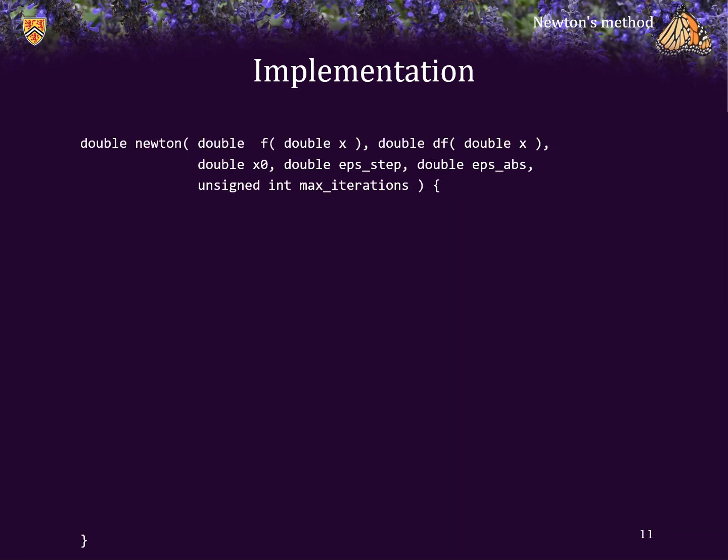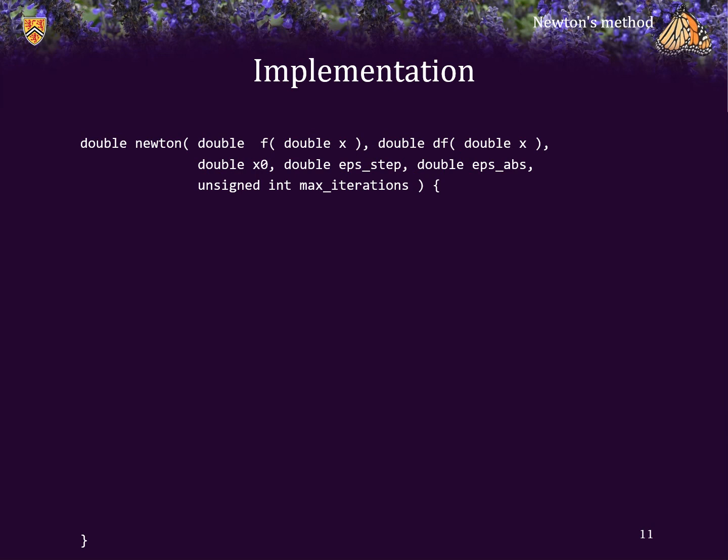So let's have a look at an implementation of Newton's method. We have a number of arguments. First, the function, and the function that defines the derivative of the first function. We have an initial point x0, and we have two constraints, the epsilon step size and the epsilon absolute value.